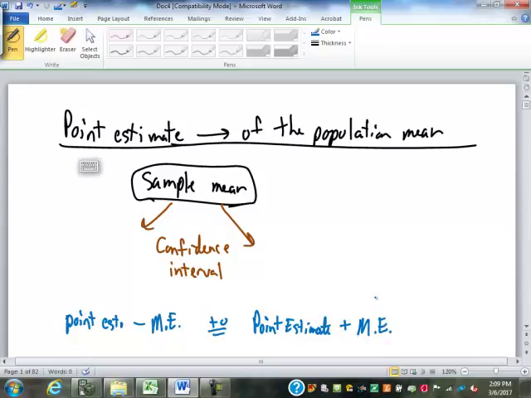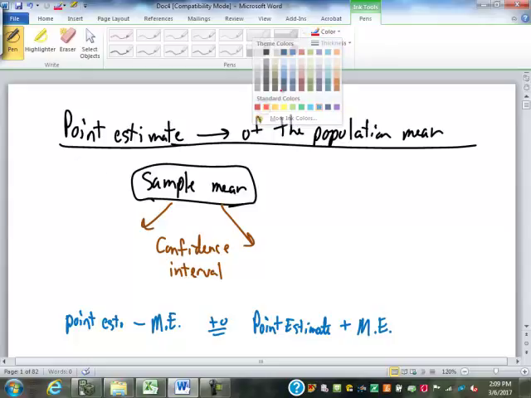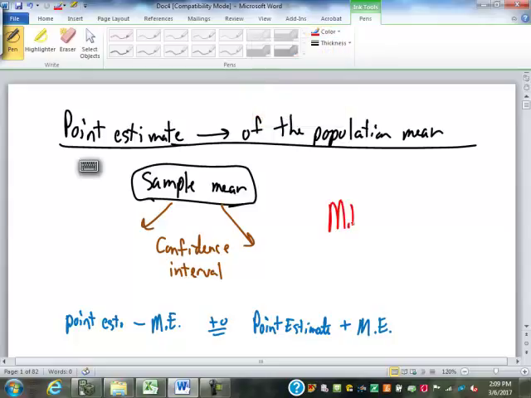So the key is calculating that margin of error. And that margin of error is our critical value of Z or T, depending on which distribution we're using, times our standard error of the means. So SE, the standard error. Standard error or standard deviation of the sample means, whichever terms you're using for it.